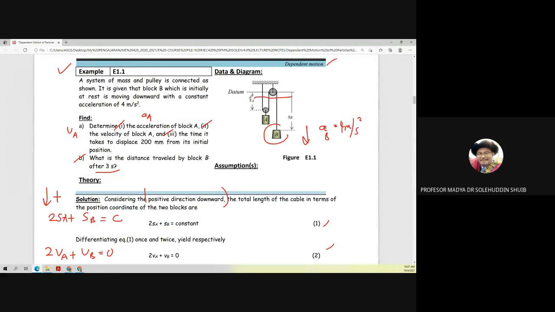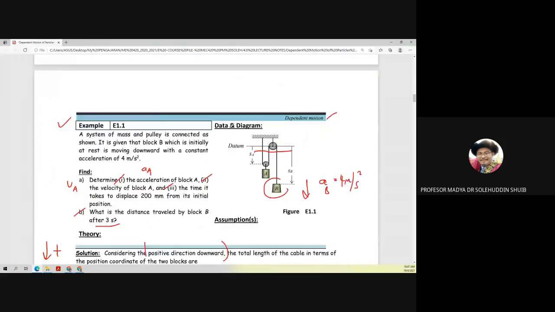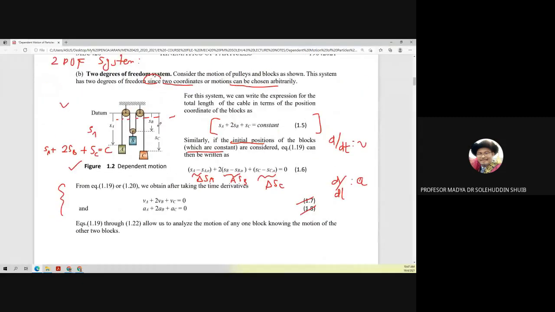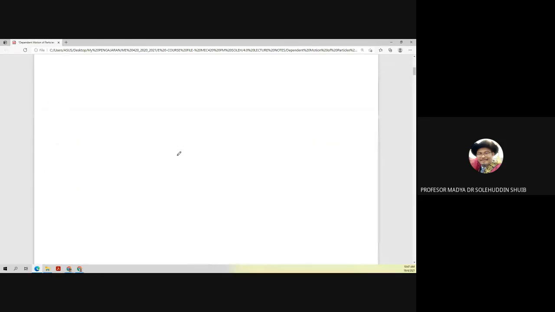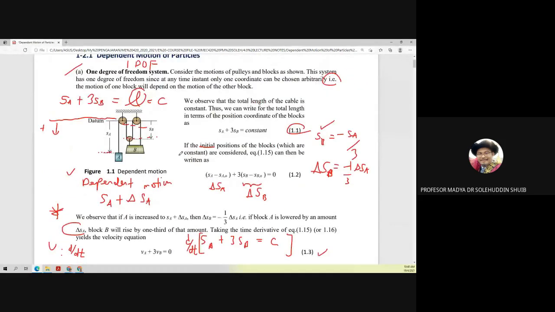Like a scissor, we cut these 2 strings. Same thing with B: you cut this string, so over here you have 2 wires shared by this block.